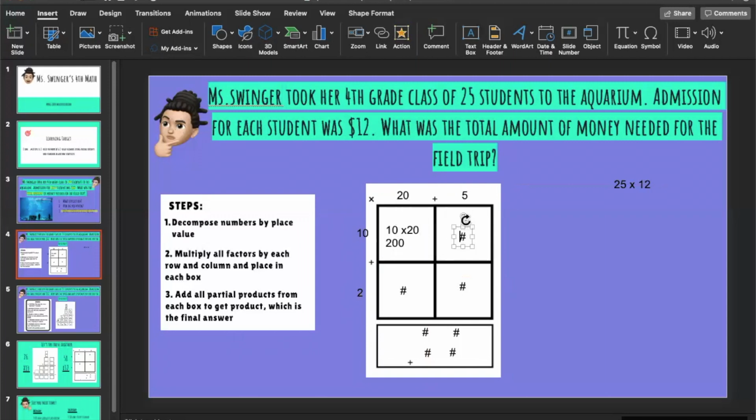Now, in this box here, we are going to need to multiply the factors 10 and 5. So 10 times 5 will give me 50. Okay, on the second row, we now need to multiply 2 by 20 and 2 by 5. So in this box here, we have 2 times 20.